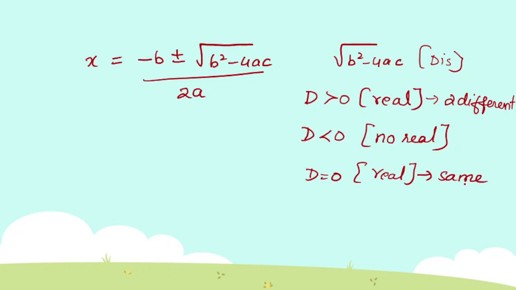Both the values that you get will be the same. Clear? Based on the quadratic equation only, you can determine the values of a, b and c. This is a very important formula you can use for solving the quadratic equation.